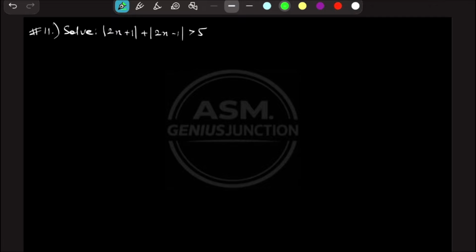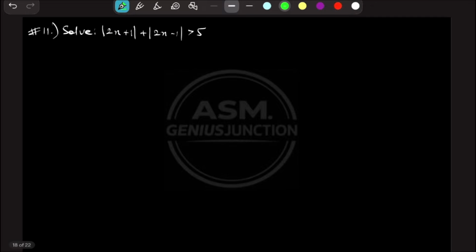Now we will solve question number 11: |2x + 1| + |2x − 1| is greater than 5. We can see there are two mod functions involved in this question, so this question becomes very important. Now we will try to understand the points at which these two functions change their sign.